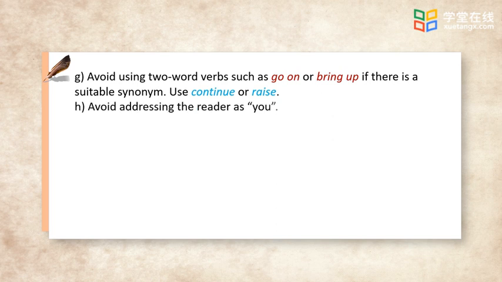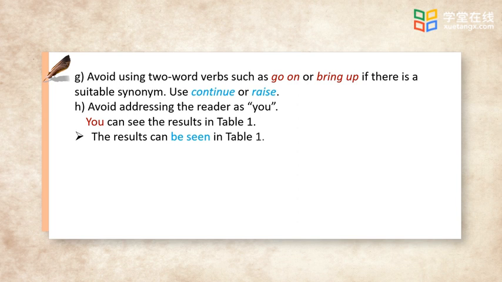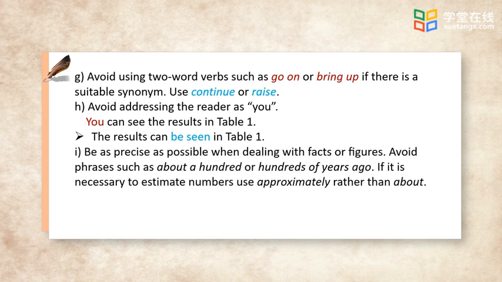H. Avoid addressing the reader as you. Instead, use passive voice. For example, the results can be seen in Table 1. I. Be as precise as possible when dealing with facts or figures. Avoid phrases such as about 100 or hundreds of years ago.